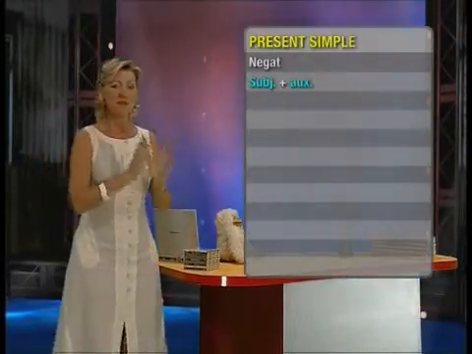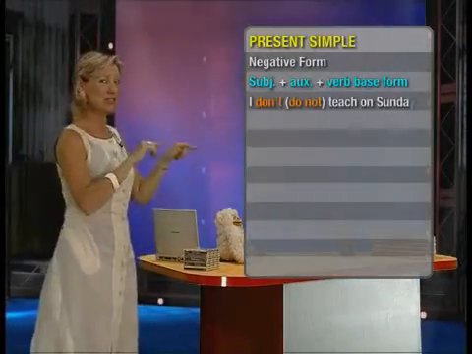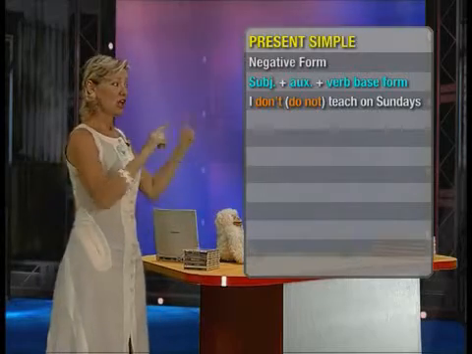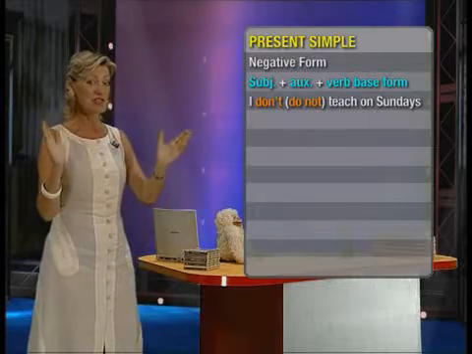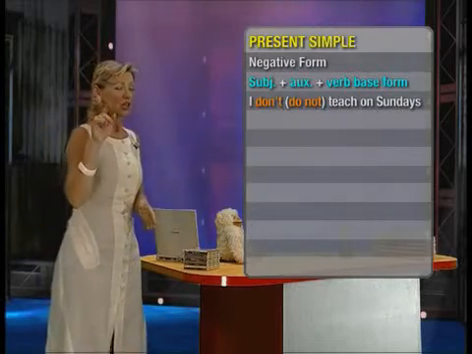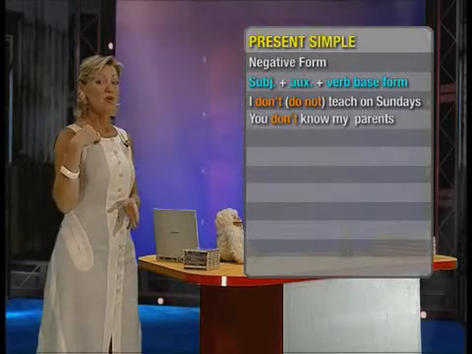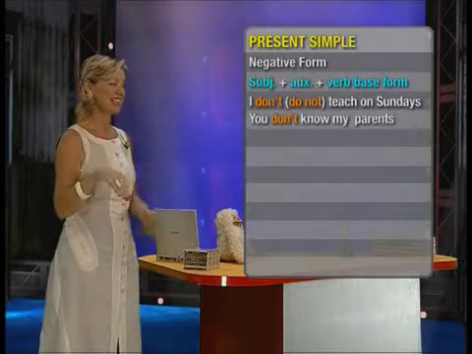And now we need to go and look at the screen because we need to see how that works in comparison to the positive form. All right? Great. Now, look at the examples. I don't teach on Sundays. Do not becomes don't. I don't teach on Sundays. You don't know my parents.